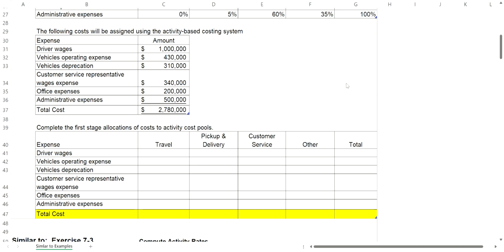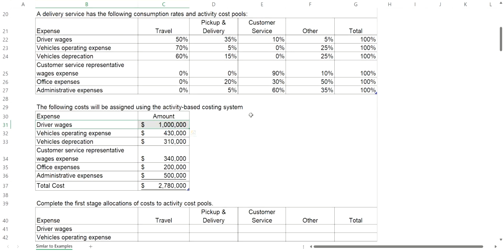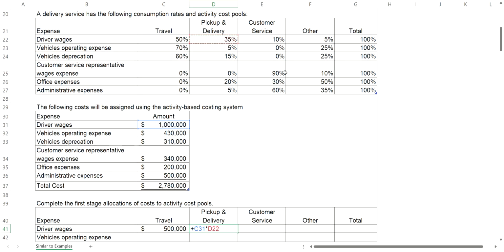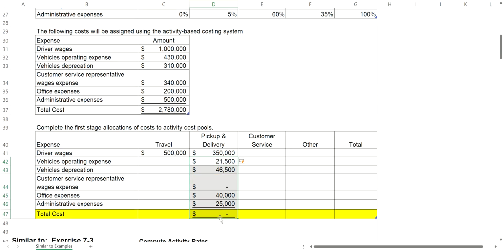Okay, so let's go ahead and determine of the expense how much goes to each of the 4 activities. Let's start with driver's wages. Driver's wages are $1 million. I'll start with $1 million, and 50% of it goes to travel. So that gives me $500,000. I'll take the $1 million driver's wages, and 35% goes to pickup and delivery.